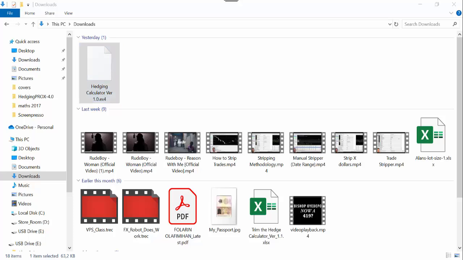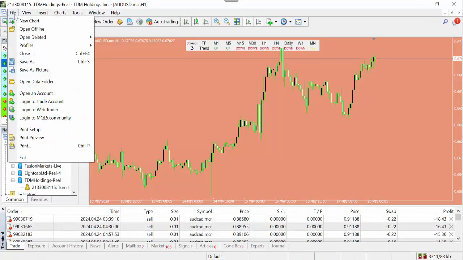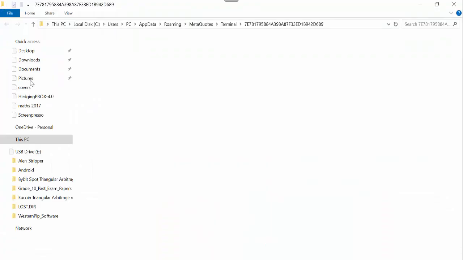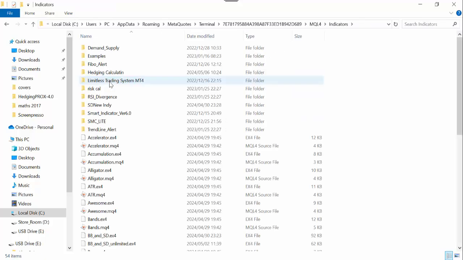In case you are one of the people that are interested and you want me to send it to you, then let's come to open data folder, MQL4, then the indicator folder. This is where we're going to store the calculator.